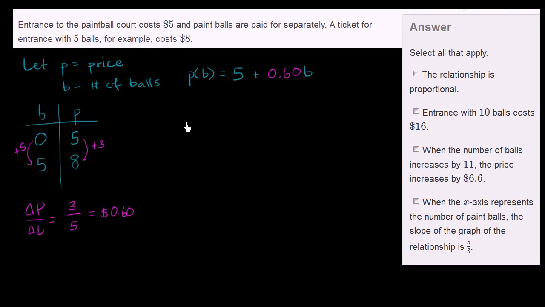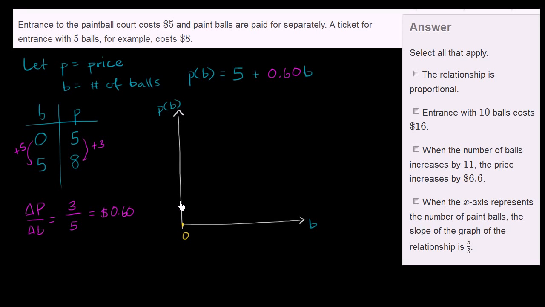And we can also try to graph it. So let's actually try to graph it as well. So that's our price axis, our vertical axis. And let's say this is the number of balls axis. So this is balls, and this is price as a function of balls. When the balls are 0, the price we've already seen is 5.